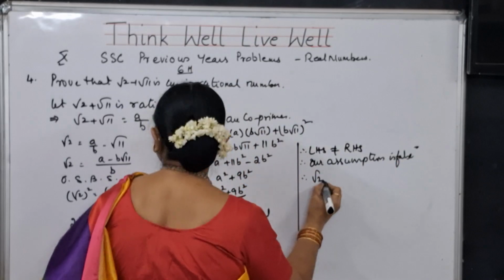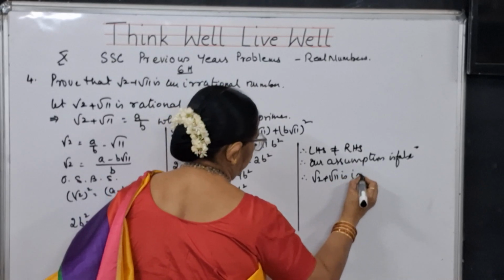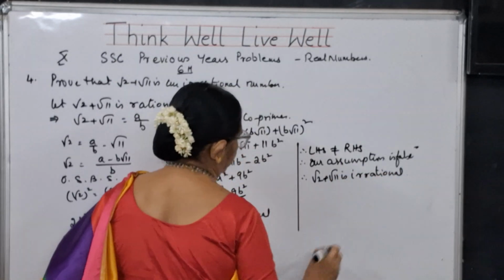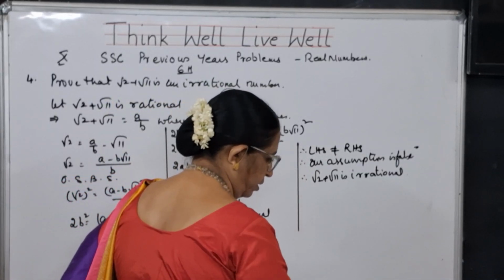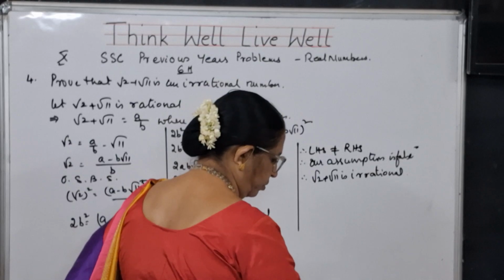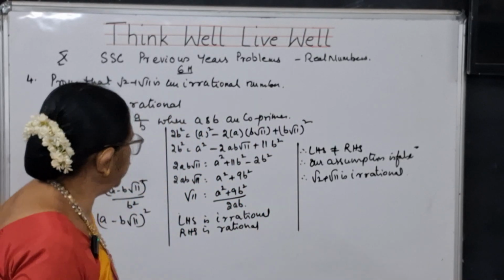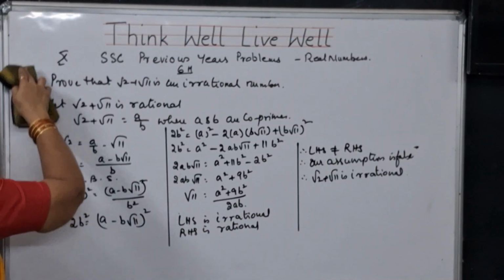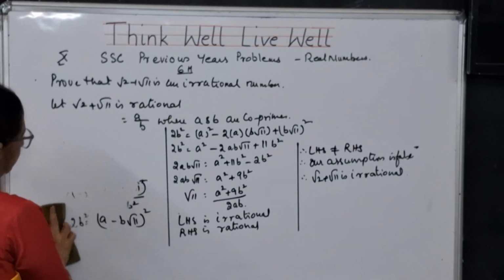Therefore, root 2 plus root 11 is irrational, the same way as you have done in the earlier case, children, where root 2 plus root 7 is irrational. Please write this down.